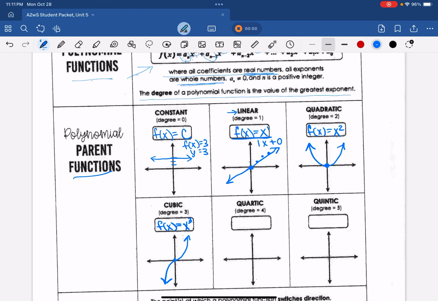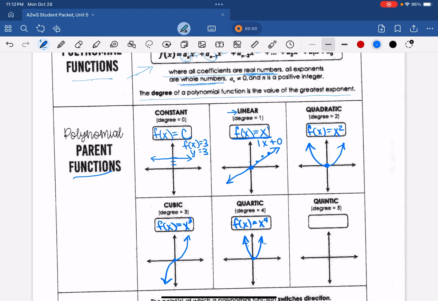A quartic, f of x equals x to the fourth. This is before any transformations have been made to it. Looks very similar to a parabola. It's just a little skinnier. After there's transformations made, it could look a lot different than that. But it's got the basic characteristics of a quadratic, where both of the ends are going in the same direction.